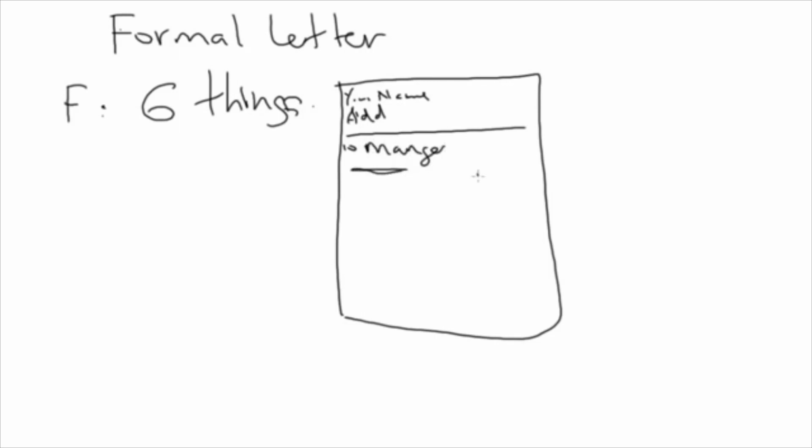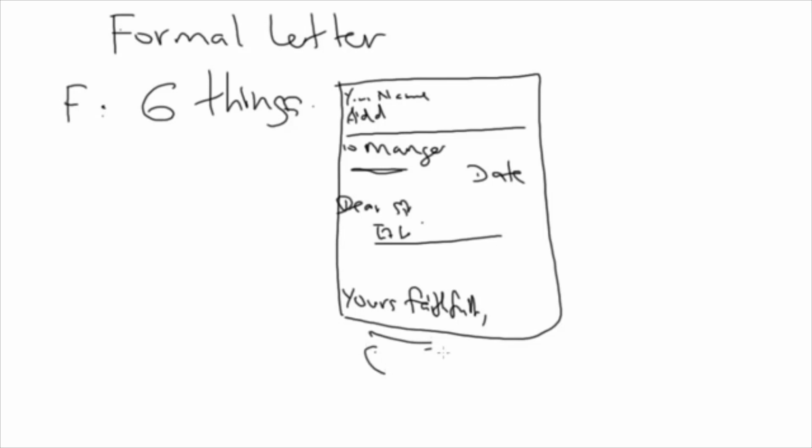Then you can put a date. Then, dear sir. Then the title. At the end, yours faithfully. Sign and write your name. So 1, 2, 3, 4, 5, 6. 6 things.